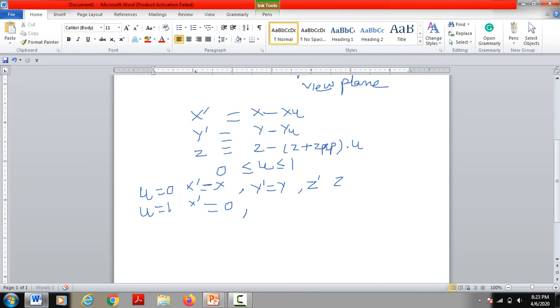In the same way, y dash is equal to 0, and z dash is z minus (z plus zprp) into u. When we multiply this term by 1, it becomes z minus z minus zprp, so the value of z dash would be minus zprp.